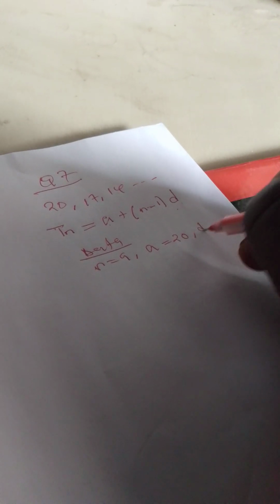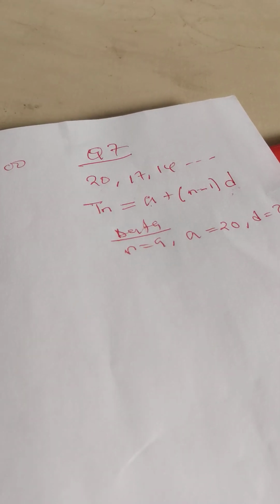Then N is the term which I've been given, which is 9. Then D is not given. So the data: N is 9, A is 20, but D is question mark. So how do you find the D?